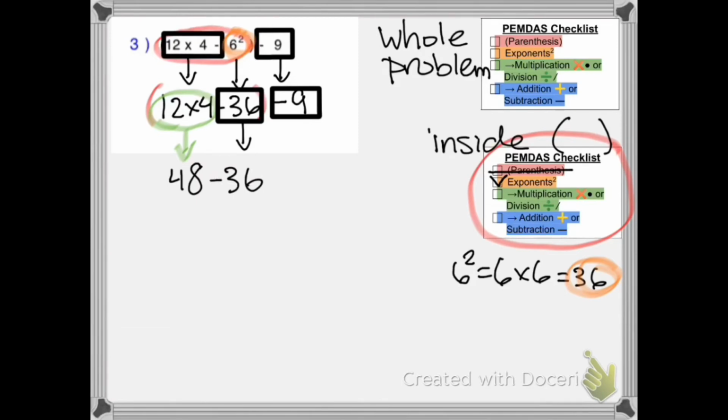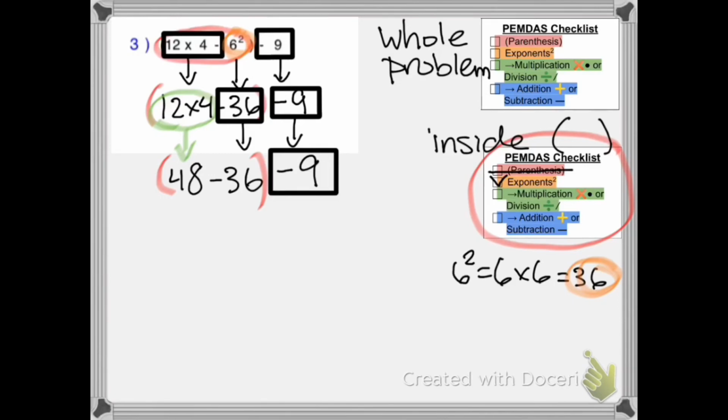And remember that this is all stuff that belongs inside those parentheses. I'll bring down my minus 9. It's just going to hang out on the end. I can put that in a box because I'm not ready to work outside my parentheses yet. I'm not done with that part.